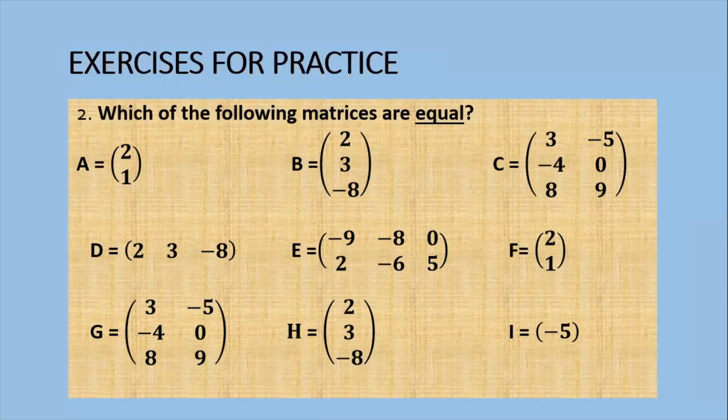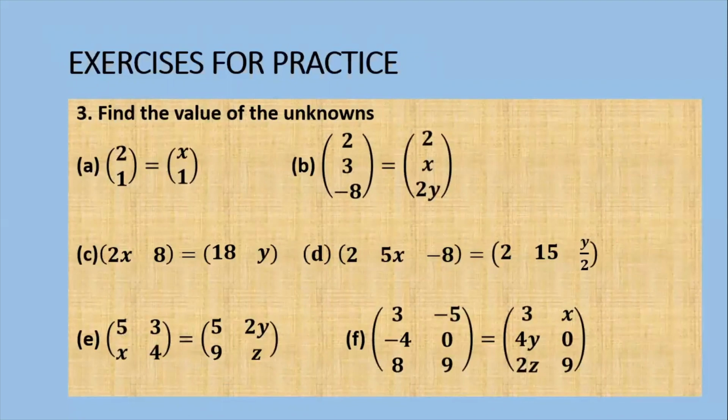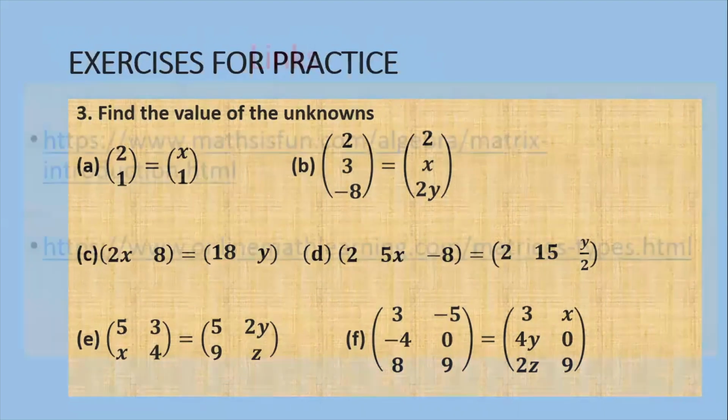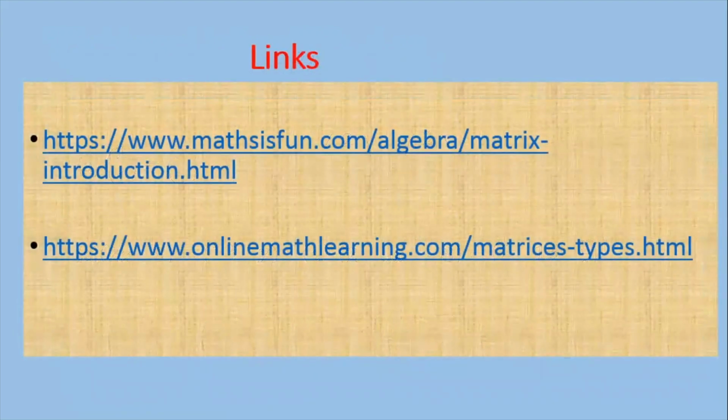Same order and same corresponding elements. And number 3, find the value of the unknown. Okay, so you need to find the value of X or Y or Z depending on the matrices. Right? These are 2 links where you can get further information on matrices.